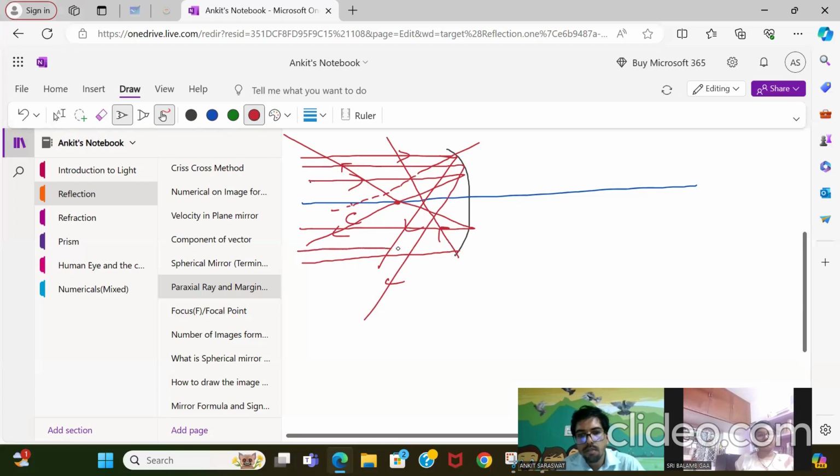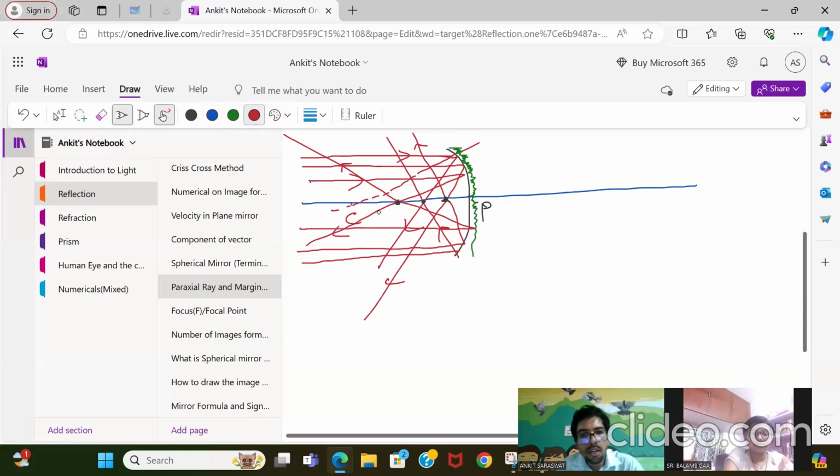See here, this diagram is very important. This is the pole, and this surface is polished.